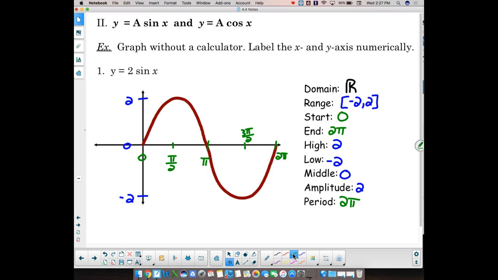End, or beginning, end, and the 3 middles. The middle of the beginning and the end, and then the middle of those 2 halves. Okay? Vertically, you're going to have the 3 points, low, middle, and high. Okay? That is the first school of thinking. Put the graph on first, and then go from there. Okay?